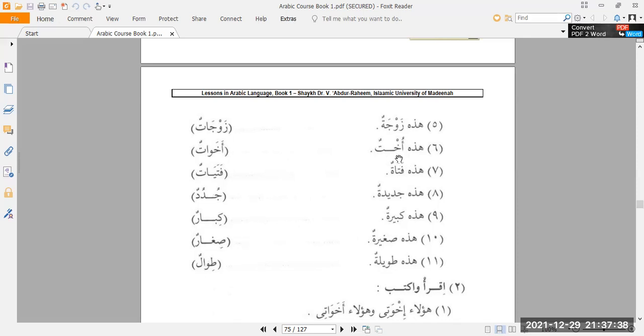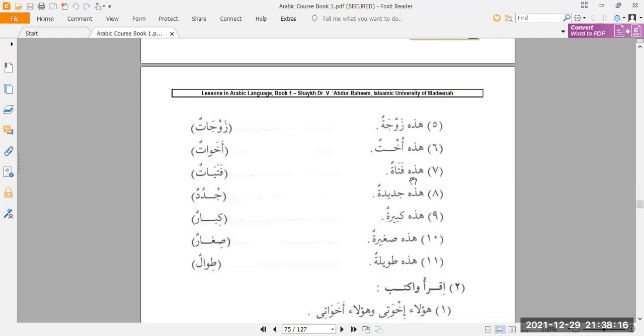So هذه ukhtun, هؤلاء akhawatun. Because if you were to say هؤلاء akhatun? No. Obviously, the patterns need to follow rules to make it easy for pronunciation as well. So ukhtun, akhawatun. Certain ones you just memorize in this way. هذه ukhtun, this is a sister. هؤلاء akhawatun, these are sisters.